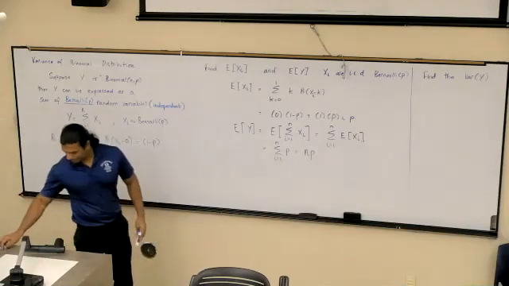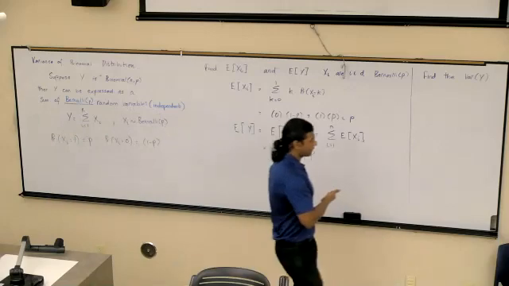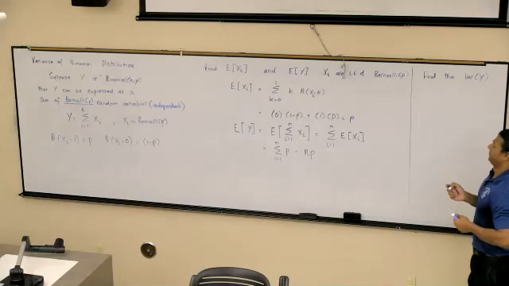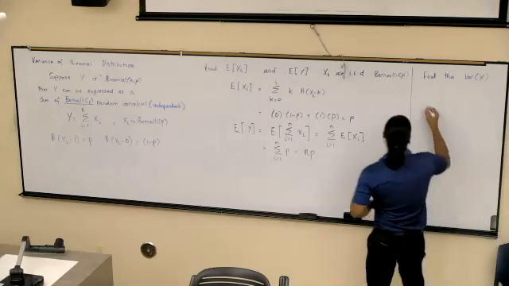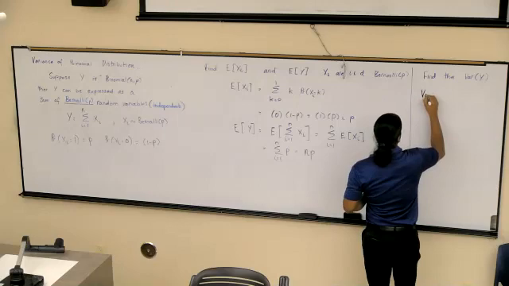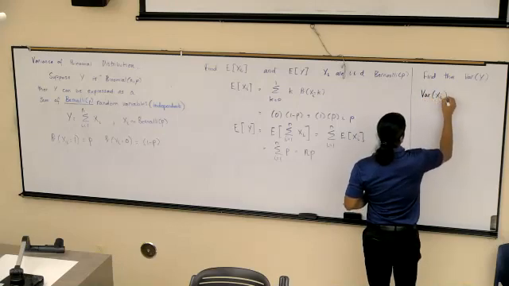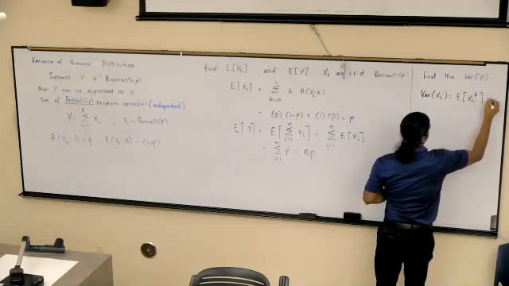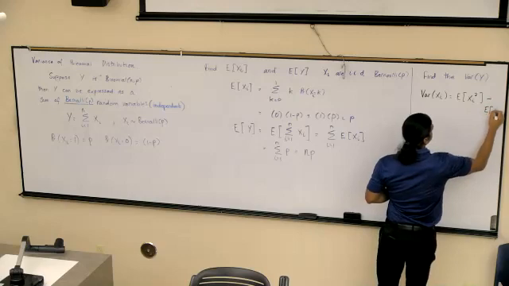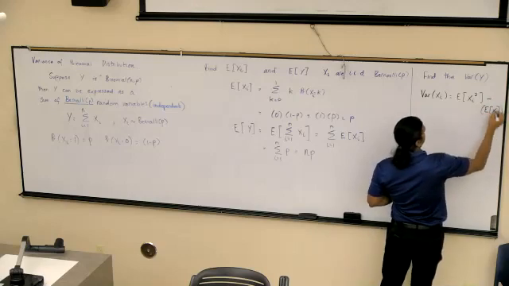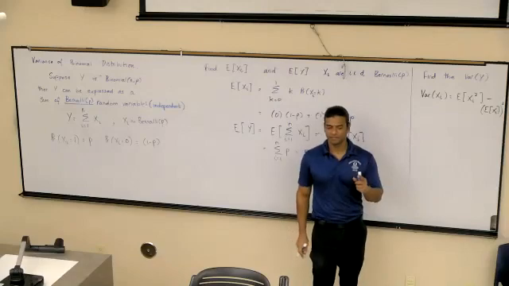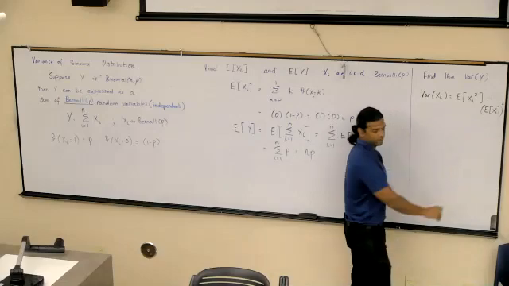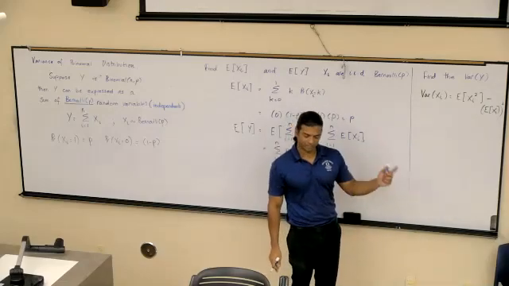Okay, so in order to find the variance of y, we need to find the variance of xi first. Finding the variance of xi is easy. We could just use that formula. We know the expectation of xi, which is p.